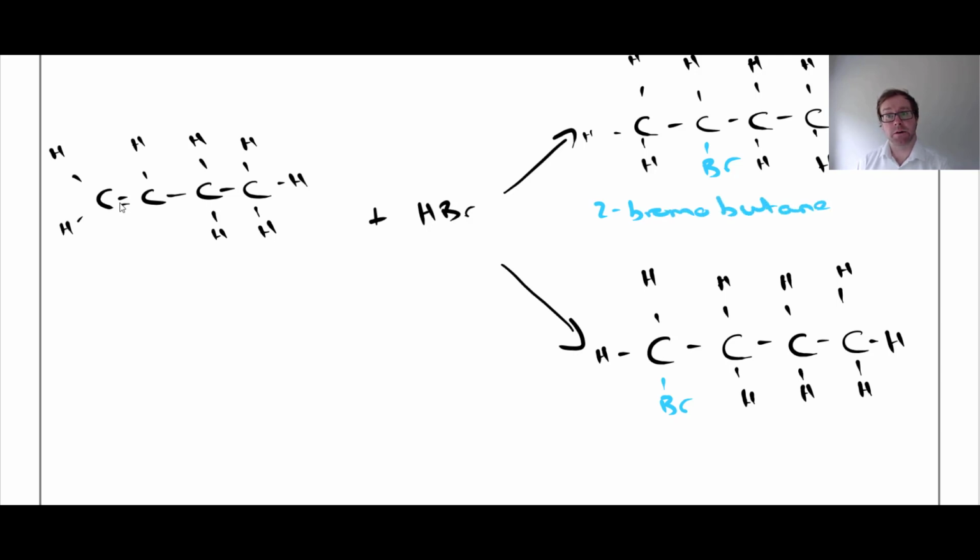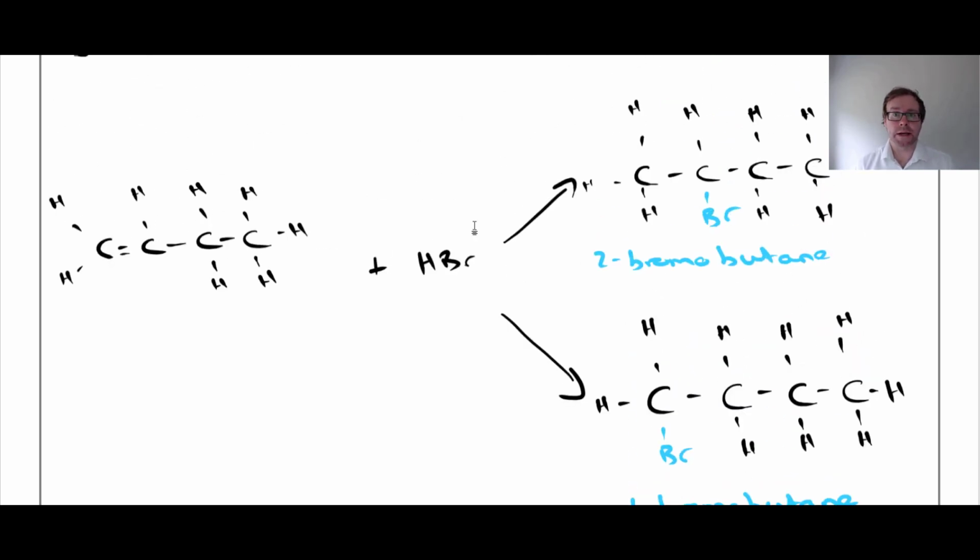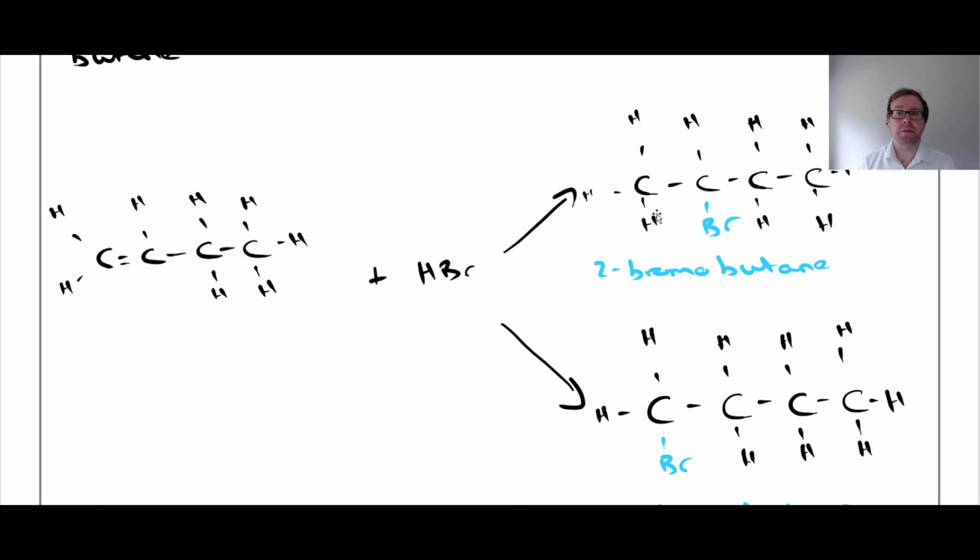And remember, I formed a haloalkane because I've added a halogen atom. And the other is 1-bromobutane. Now, we actually form different varying amounts of these two products. So one will be a major product and one will be a minor product.